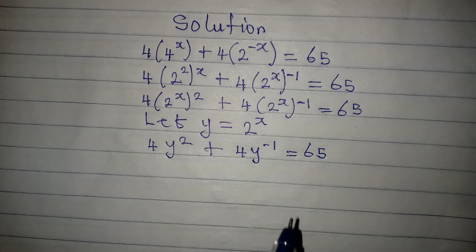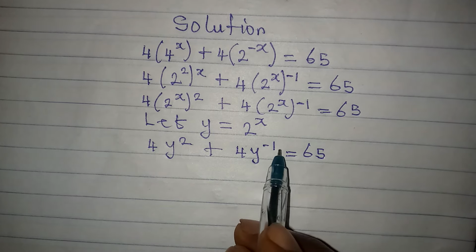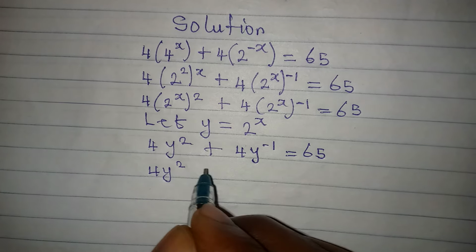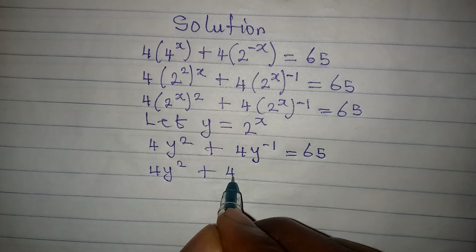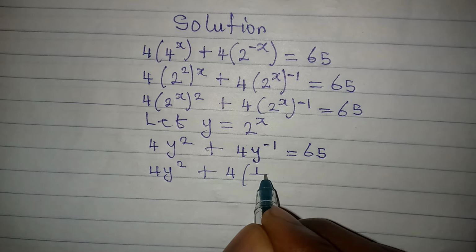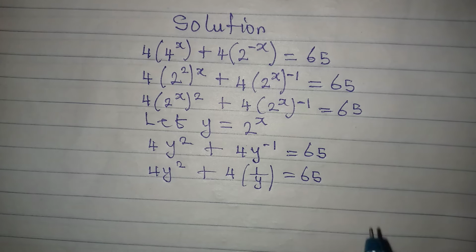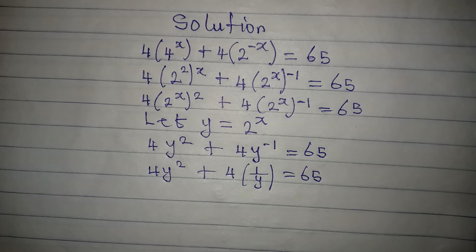And remember that y to the power of minus 1 is 1 over y. So this is the same thing as 4y squared plus 4 into 1 over y, and this is equal to 65.